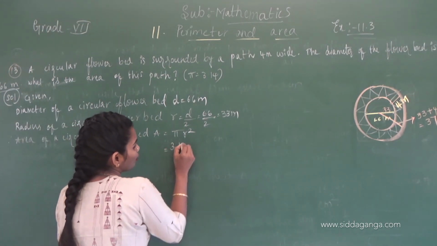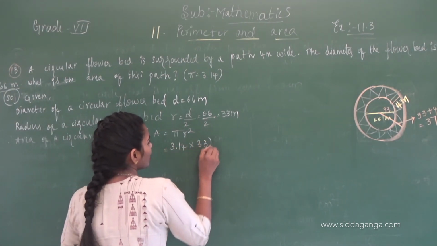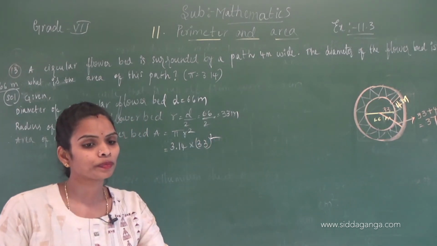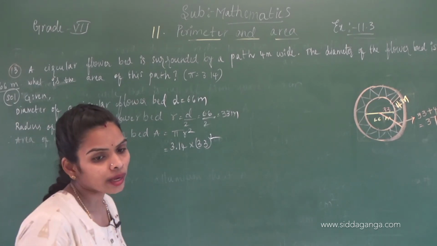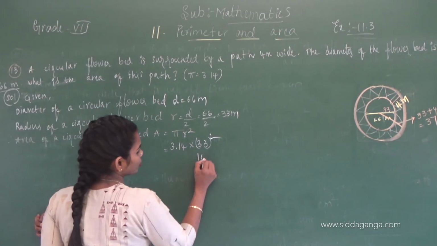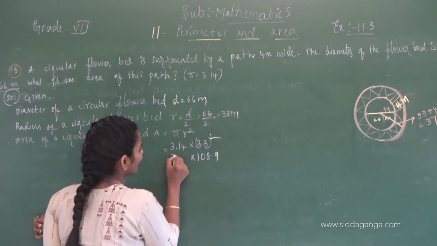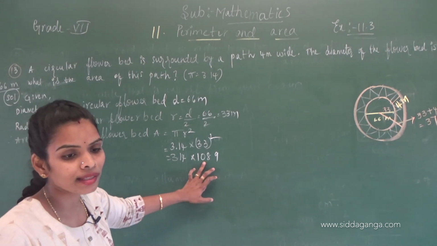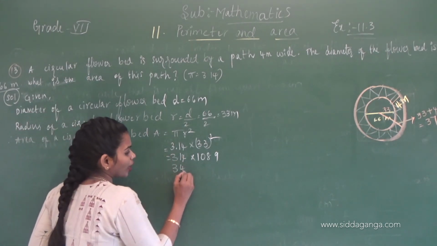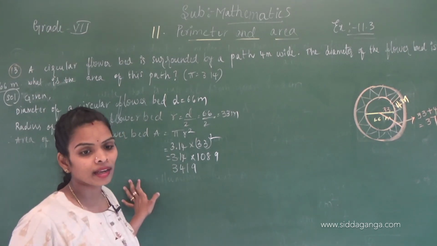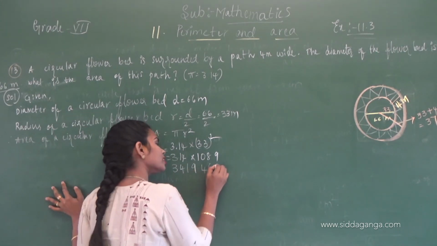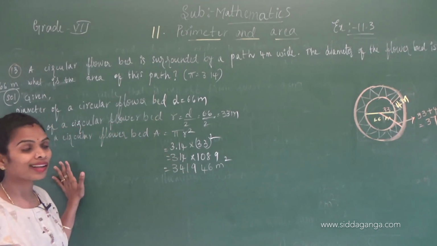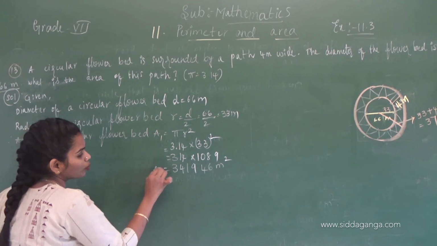Pi is 3.14 into 33 whole square. 33 into 33 is 1089. 3.14 into 1089 will come as 3419.46 meters square. If you have any doubt, do that calculation, children. If I do all the calculations, we can't finish the portion.